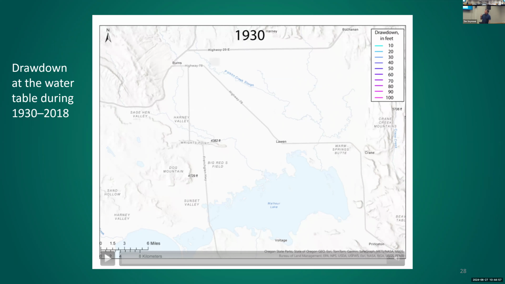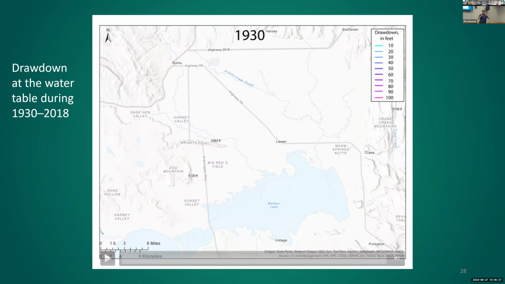What I've got here is a little animation of the drawdown in the lowlands for each decade from the 30s to 2018. Drawdown is relative to the 1930 level. 1930 was actually probably kind of low because it was a dry period, but assume that's a steady state condition, not much pumpage at all.